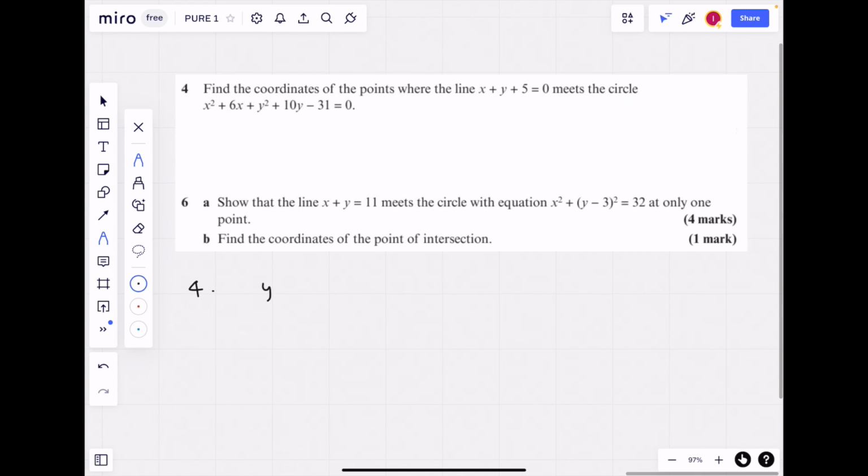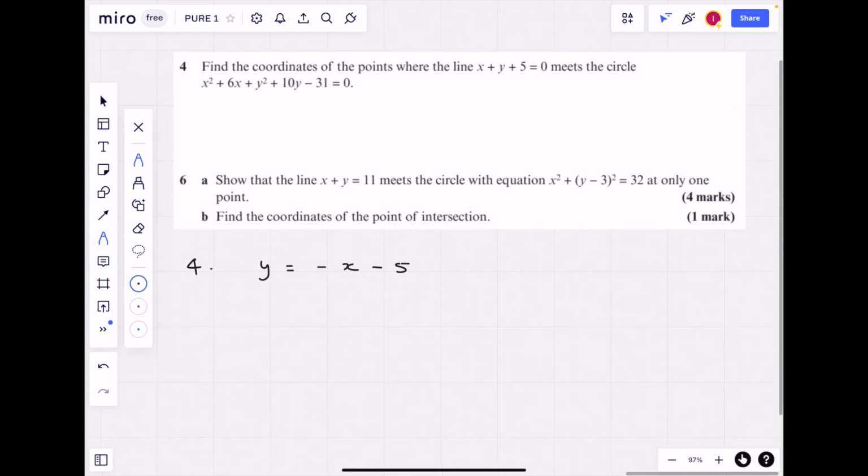I can rearrange that to y equals minus x minus 5. You can rearrange it for x, but I chose to rearrange it for y just because that's what we've done previously, and it helps to keep things the same.